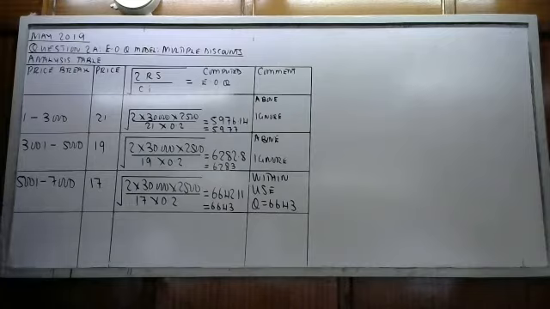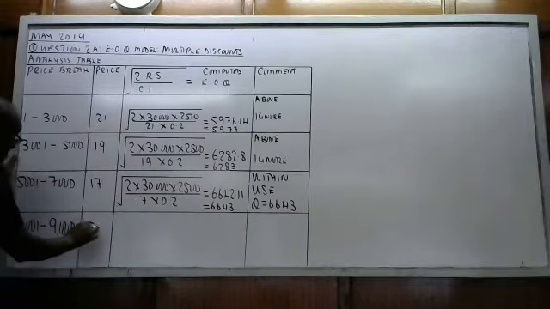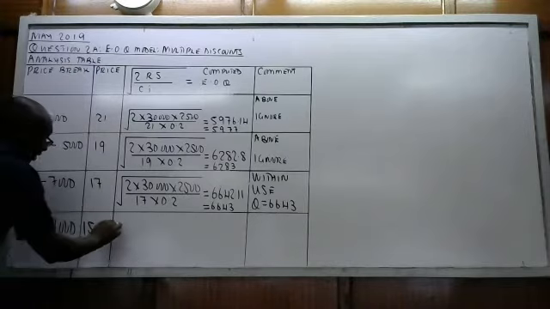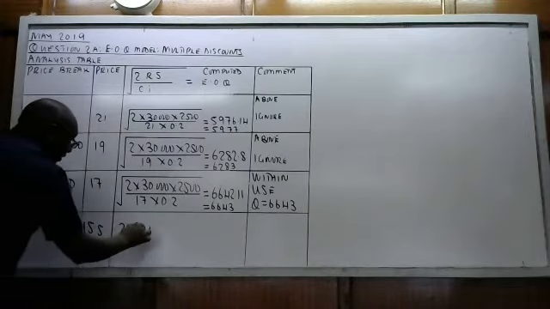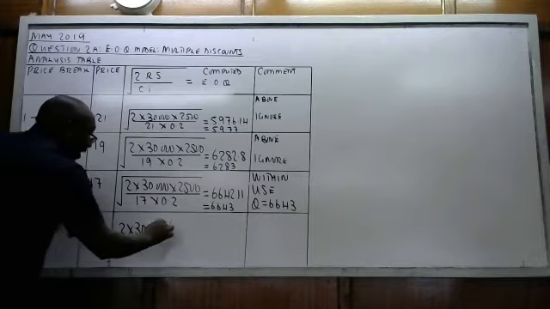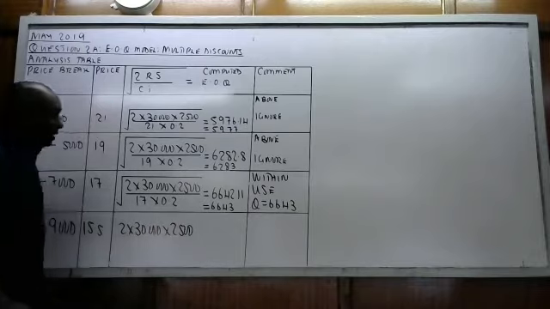Okay, let's move to the next one. That is 7,001 to 9,000, and the price is 15.5. So this is 2 times 30,000 times 2,500.